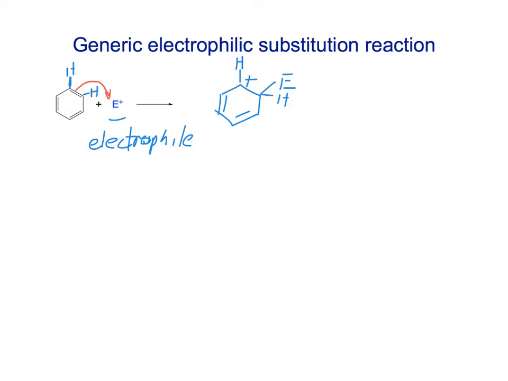Now, this carbocation is special compared to normal carbocations in that it has lots of resonance, so it's a resonance stabilized carbocation. We can draw the resonance if we think about the generic situation for resonance. Here we have an atom with a plus charge on it next to a pi bond. We can push this pi bond towards the plus, and draw another resonance structure here.